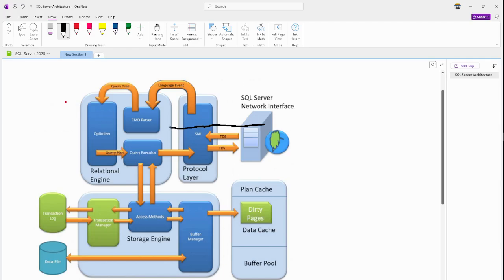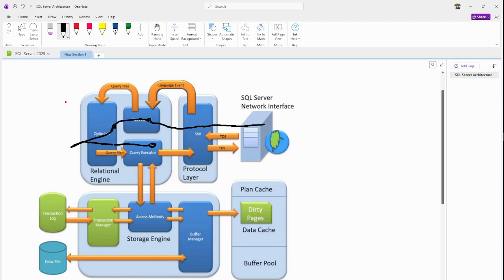Then it will come to the brain. Then the CMD parser will validate the syntax. Then it will optimize what needs to be done, the efficient path to get to the query, whether you need to use an index or the full table. So it will optimize. Once it is optimized, it will generate a query.